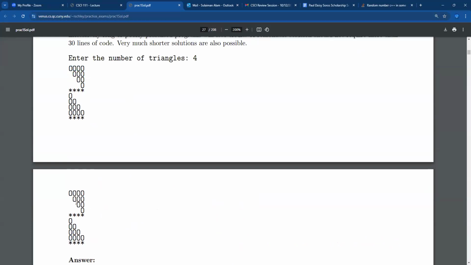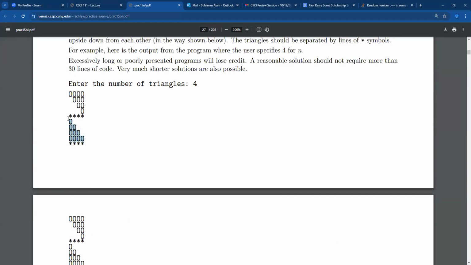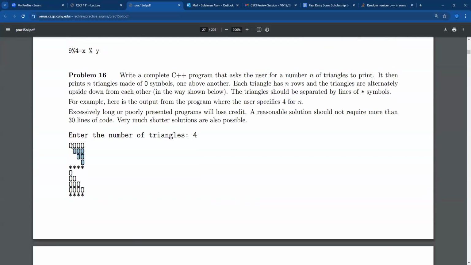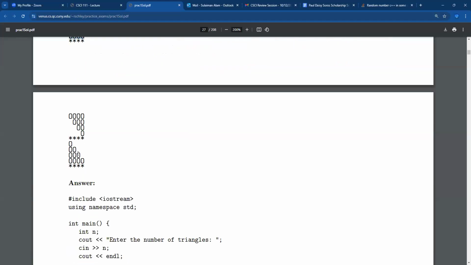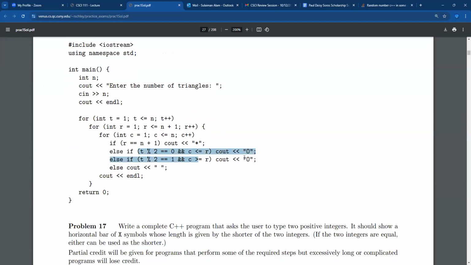If you're on an even numbered triangle, so this is triangle 3, you print it like this, top to bottom. However, if you're on an odd number triangle, like 0, no, I'm sorry, I reversed that. Triangle 1, triangle 3, odd number triangles, print a triangle like this. Even number triangle, you print it like this. That's why we have it like this. There's 2. Mm-hmm.